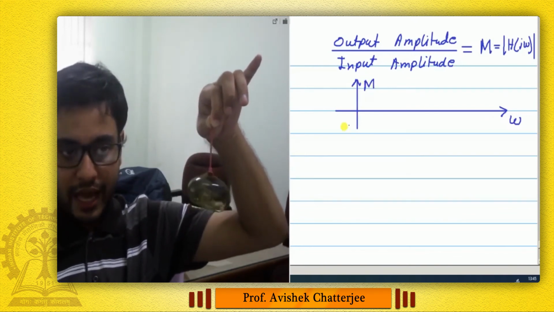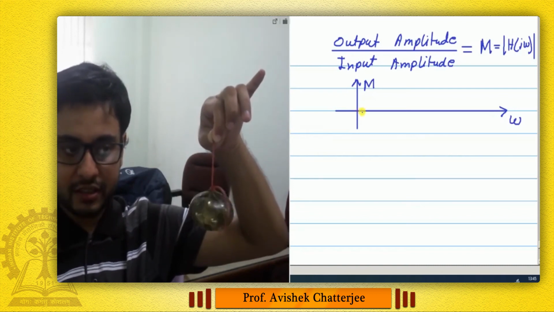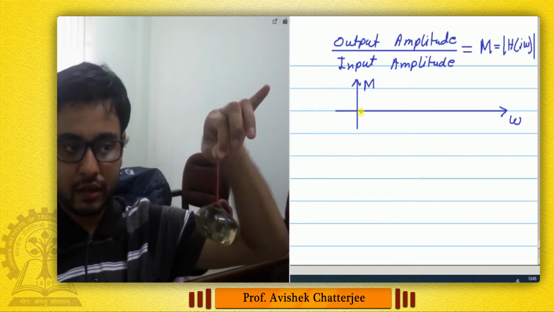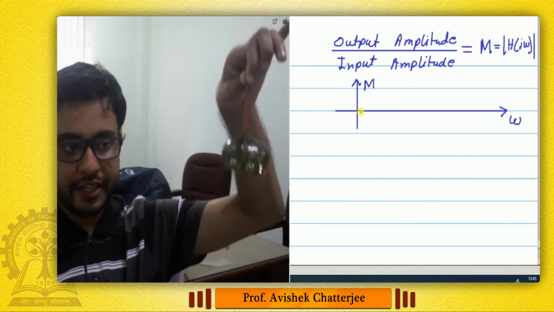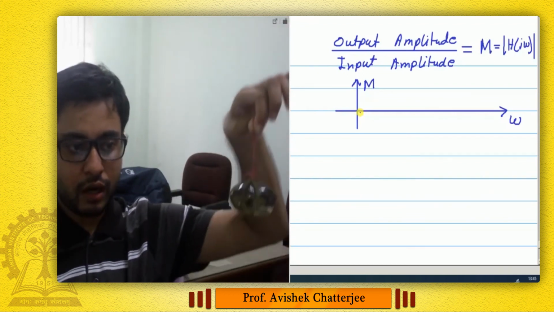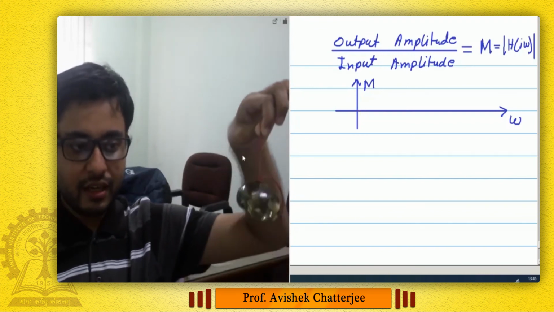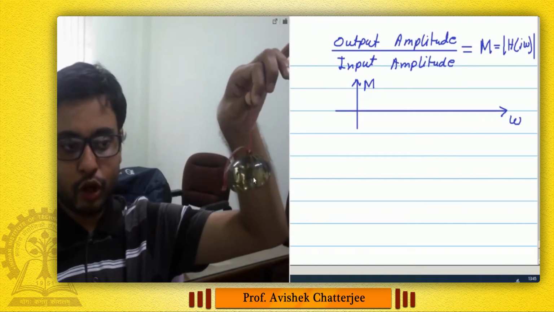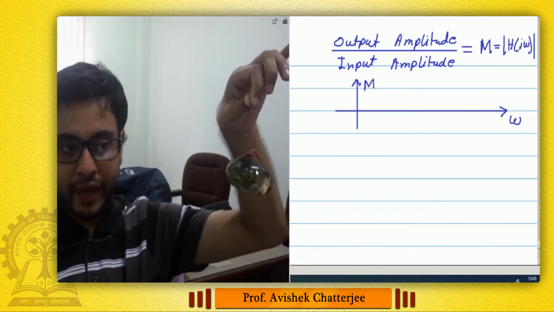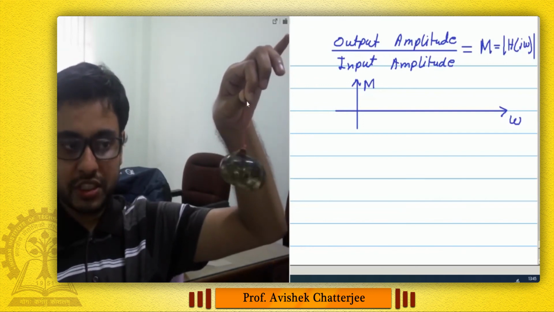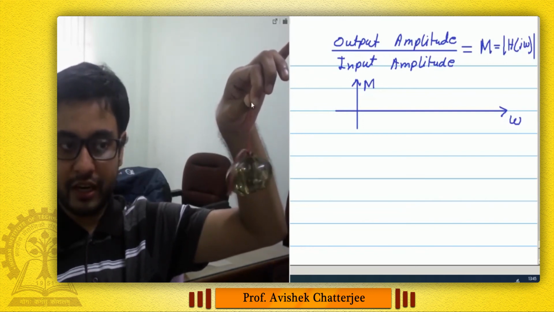First, at very low frequency, let me do the experiment. Up, down, up, down. So you see the amplitude of this weight is almost the same as the amplitude of my finger.